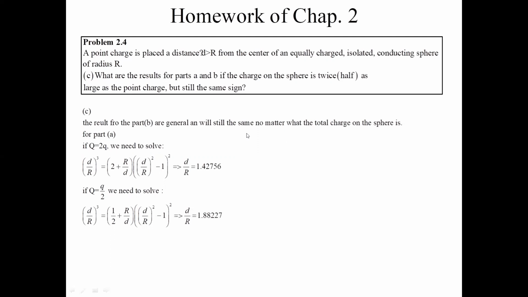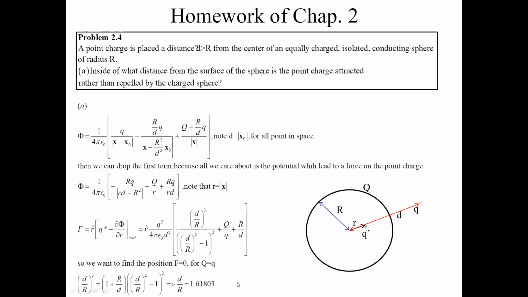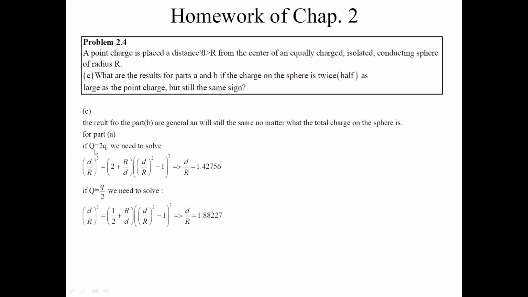We simply put big Q equal to twice the point charge or half the point charge, do the calculation of these different equations, and get these two answers. Like before, you just need to put this equation into Wolfram and get the answer.